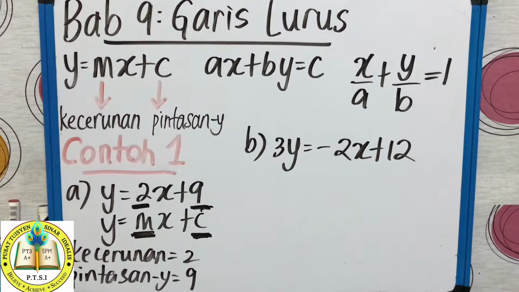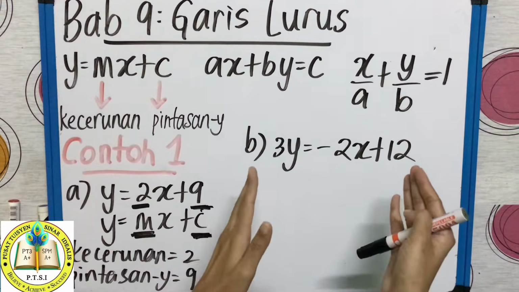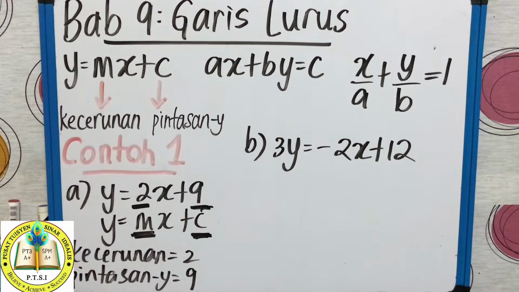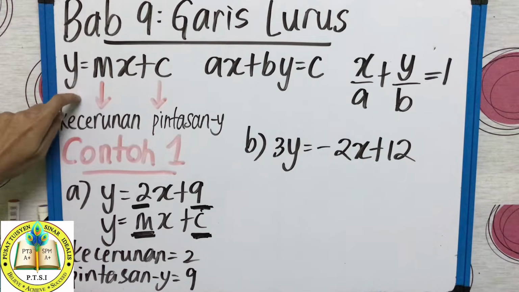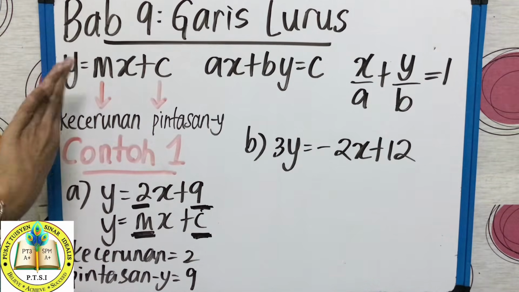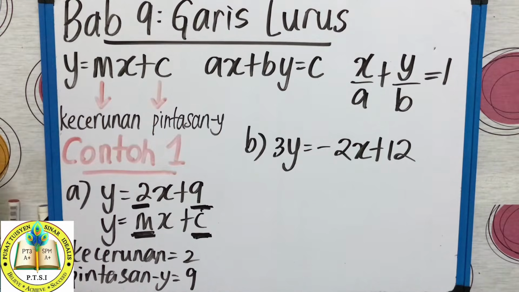Okay, sekarang kita lihat soalan B. It's also one row. Yes, I know class. It's also one row. But what is the difference in the B question? Apa bezanya? If you see here class, we again, one row, we take a look at this. Y equal mx plus c. Okay, bila kamu lihat y equal mx plus c, the rules that student must understand very clearly is the y must be always on the left, sebelah kiri.